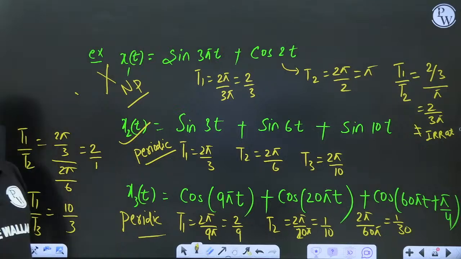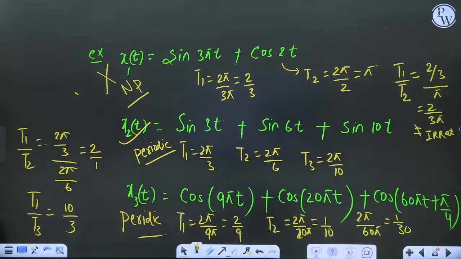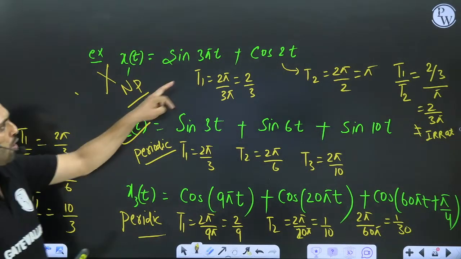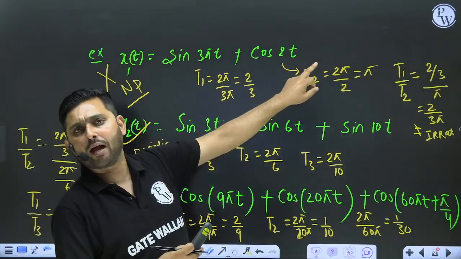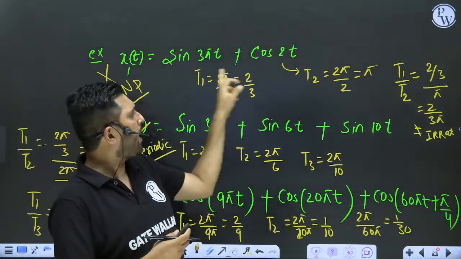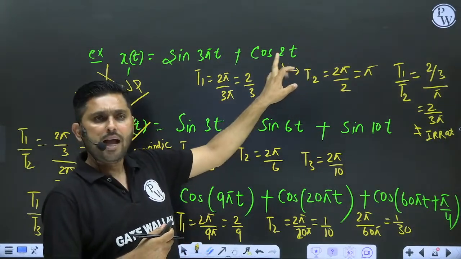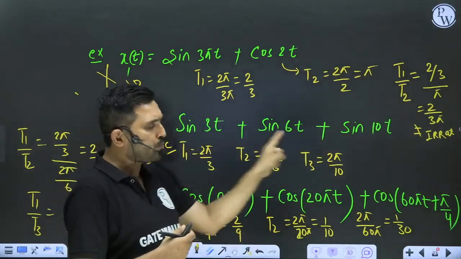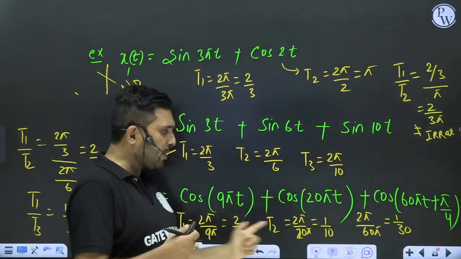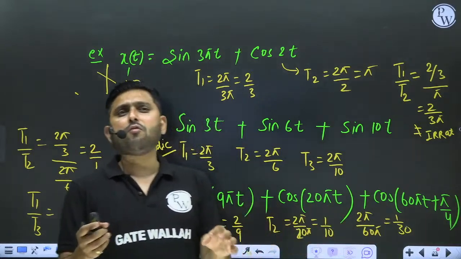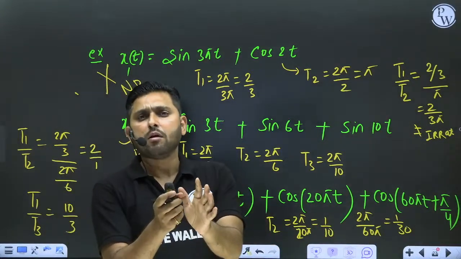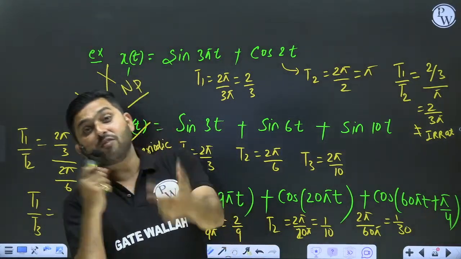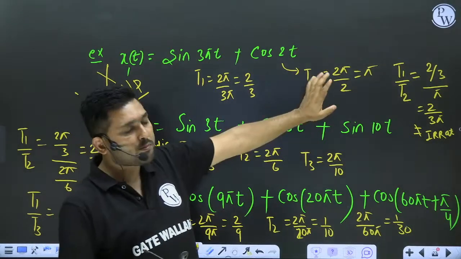So what is the important thing that you have to draw from these three examples? This is a combination of pi and without pi, and hence this is a non-periodic function. This one is a combination of only without pi. This one is a combination of only with pi. So a combination of pi and without pi will always be non-periodic.